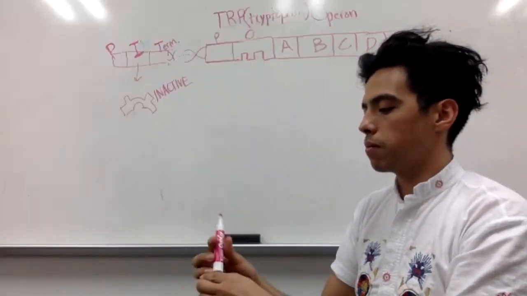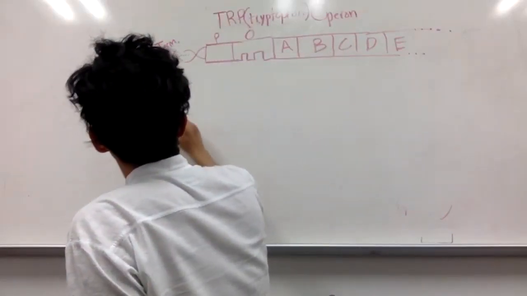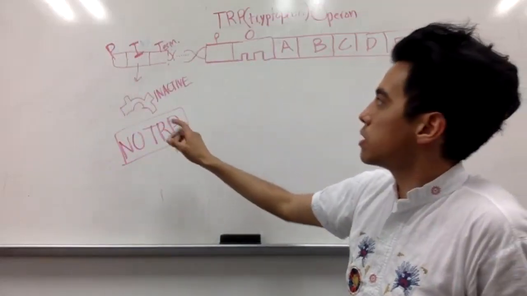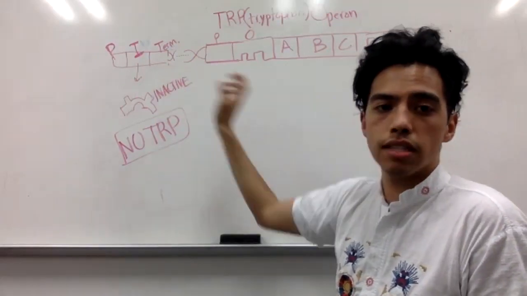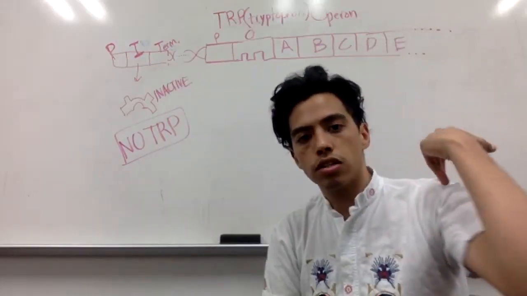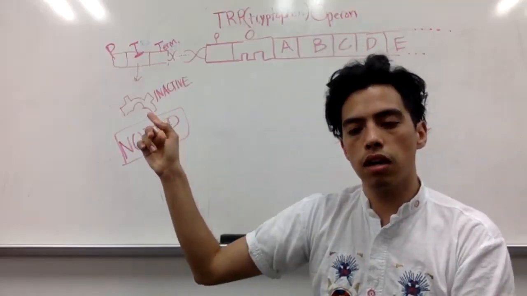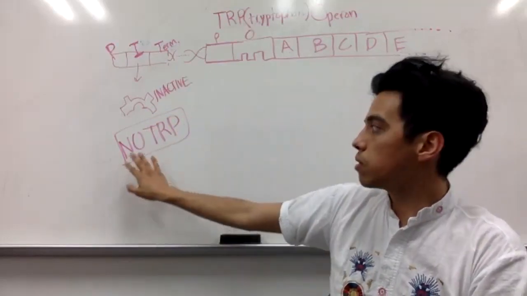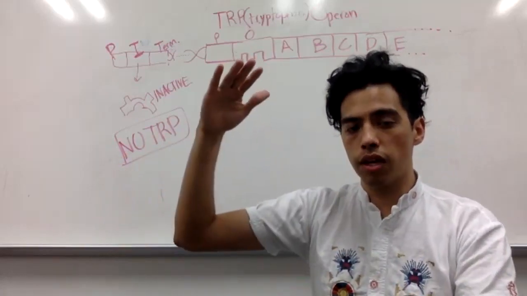And so basically, we're going to look at the case where there's no tryptophan. Similar to the lac operon, it's going to have a repressor that's not a part of the operon that's always going to be made. But in contrast to the lac operon, the repressor is going to be inactive when it's created. The reason that's important is because when there's low levels of tryptophan, that means you want to create tryptophan.